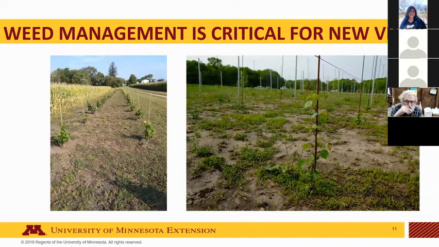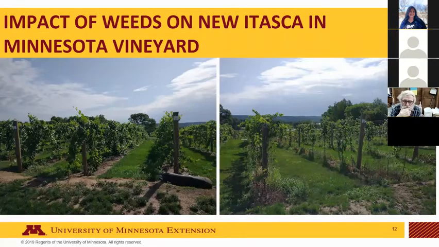So here's 2 pictures showing 2 newly planted vineyards, both of which are doing a pretty good job managing the weeds in those vineyards. Okay, so in these 2 pictures, this is a vineyard located in eastern Minnesota.